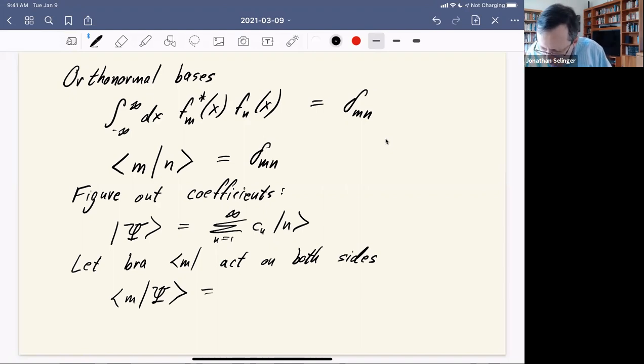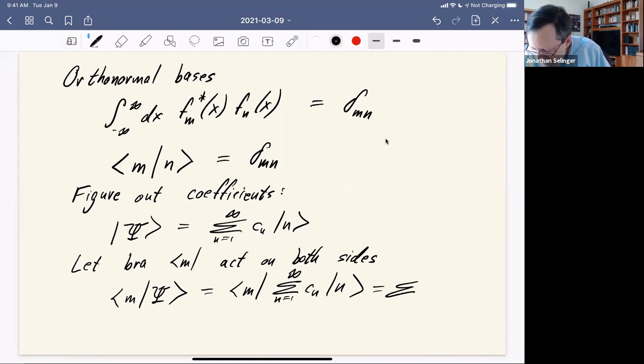On the right side, we have m acting on this sum of Cn n, and the sum just factors out, and the Cn coefficients just factor out.